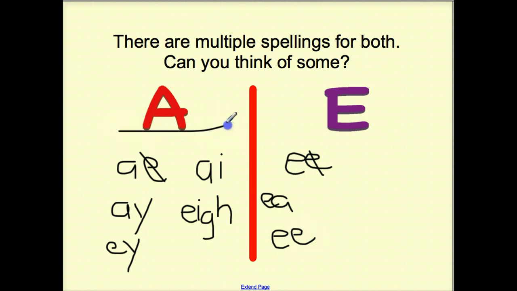What we can see is there's multiple spellings for long A, multiple spellings for long E.